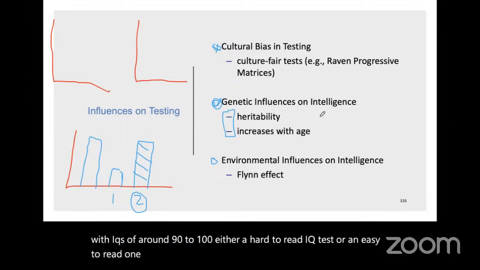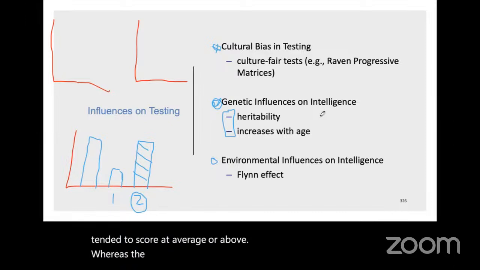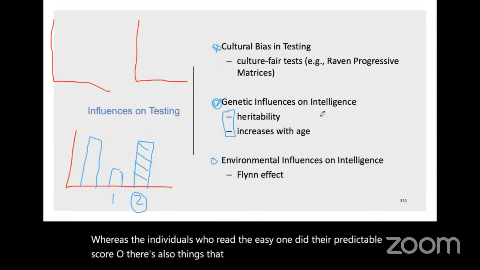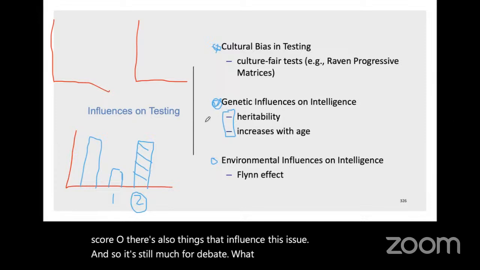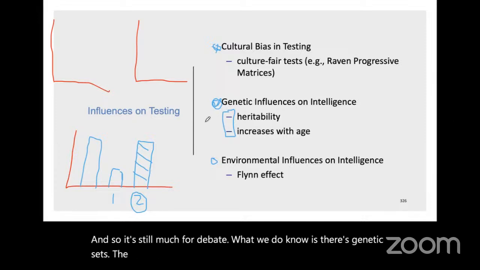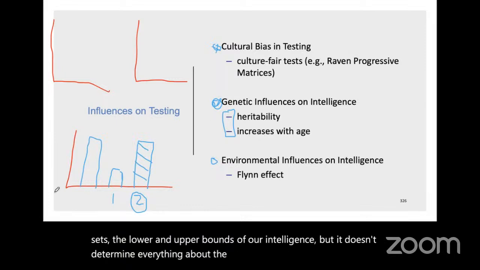The individuals who had to process that hard IQ test tended to score average or above, whereas the individuals who read the easy one did their predictable score. So there are also things that influence this issue, and it's still much for debate. What we do know is genetics sets the lower and upper bounds of our intelligence, but it doesn't determine everything about the intelligence that we have. Okay.